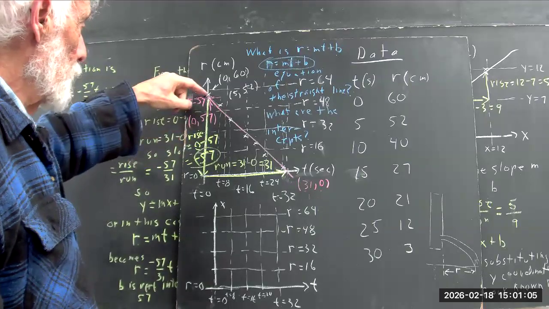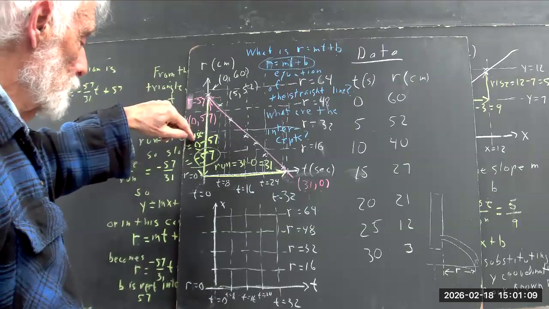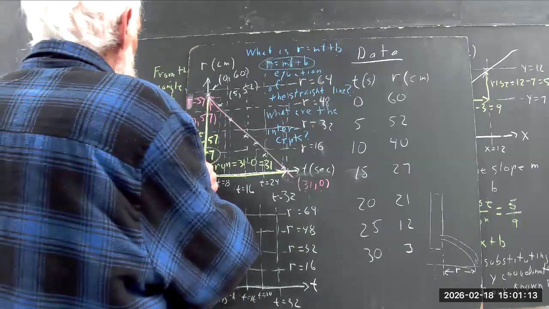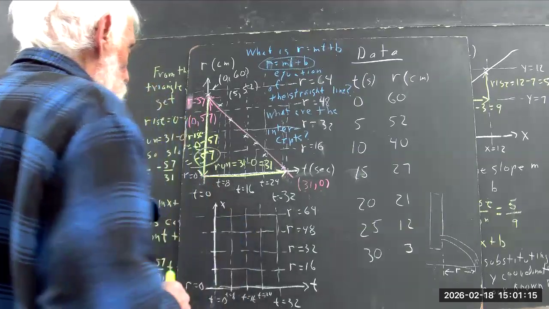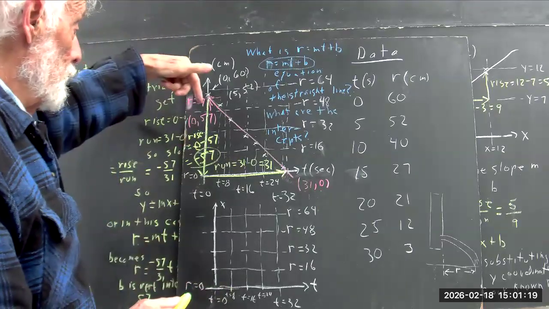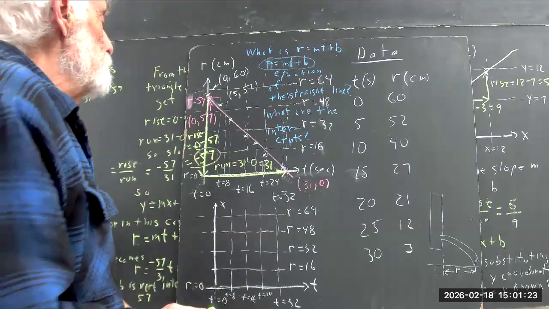And that's what we do. The rise is what we get when we subtract 57 from 0. 0 minus 57, which is, of course, negative 57. And that's consistent with what we've already seen, that we go 57 units down to get from here to here.